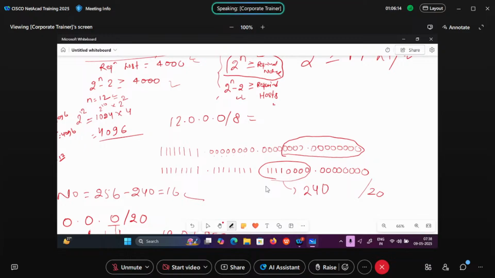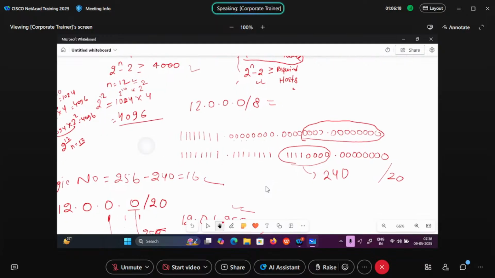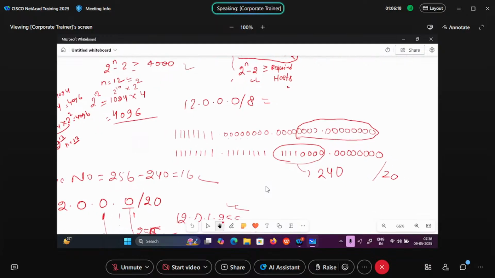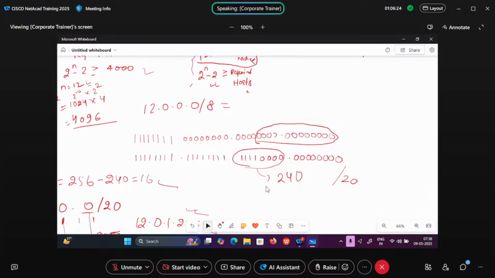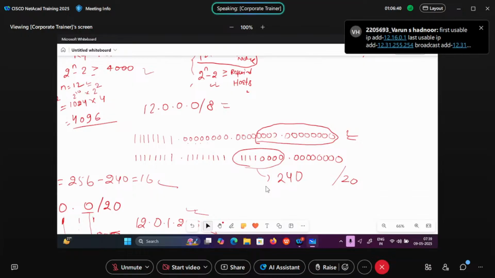In the next step, we got that the value of n is 12, so 12 bits from right to left in the subnet mask that we have written initially, you have to make them 0, because we have a requirement of hosts. If there is a requirement of networks, then you have to make bits 1 from left to right. But here the requirement is 0.